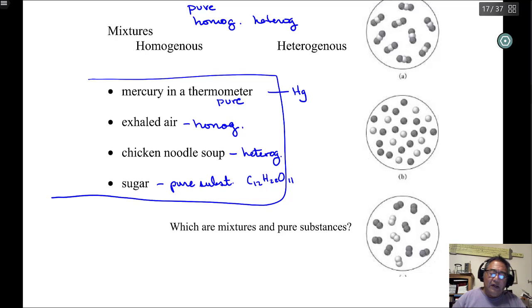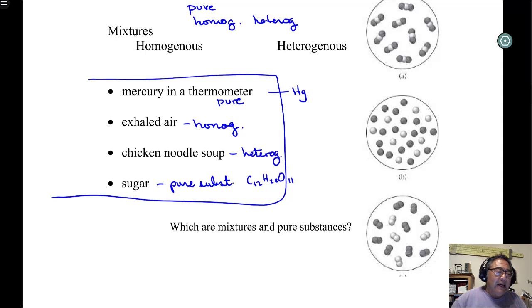So you could further classify these as an element or as a compound. Mercury would be considered an element because there's just one kind, but table sugar, what we call sucrose in chemistry, is a compound because it's made up of carbon, hydrogen, oxygen, but always in those proportions.